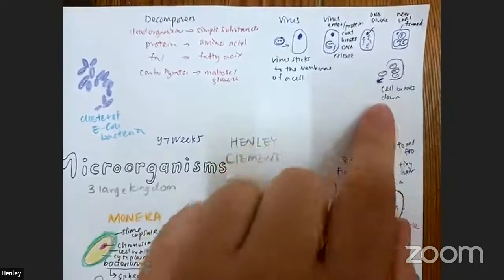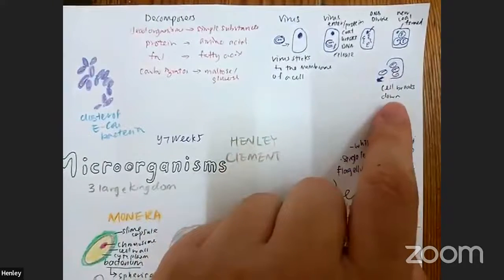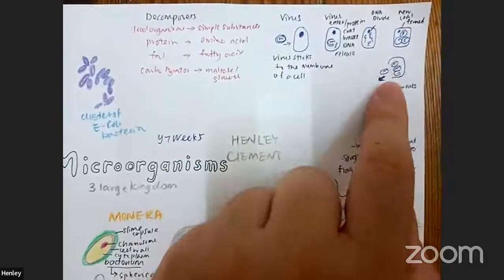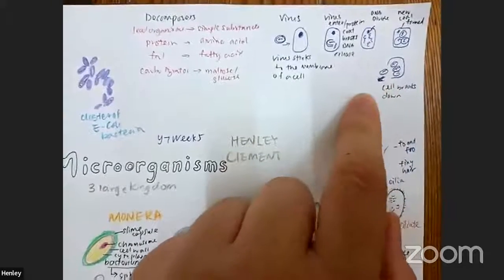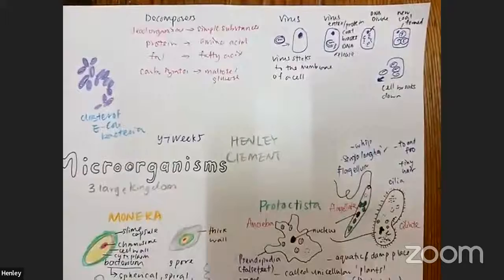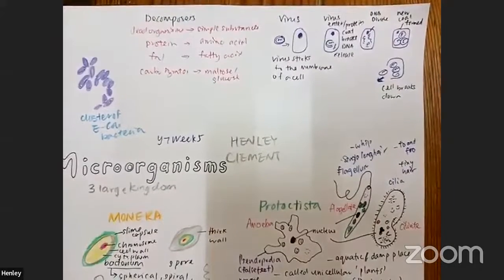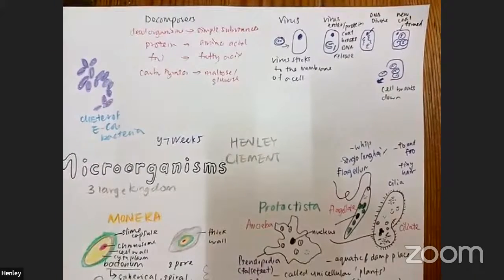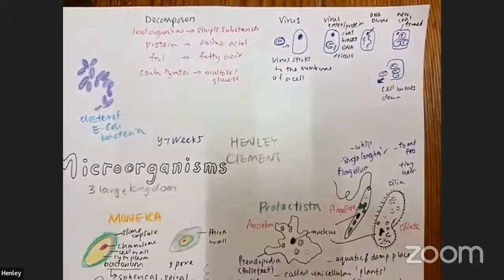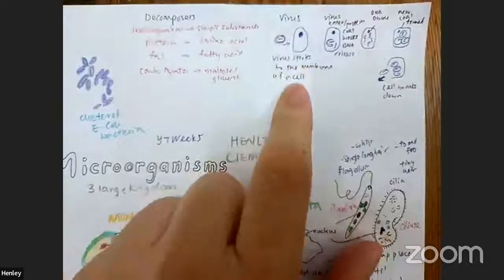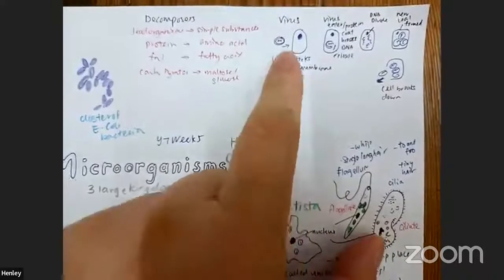When the time reaches, the cell will break down, and then all the new viruses will come out again and spread from one organism to another. So this is the whole process of the virus. Again, the virus sticks to the membrane of the cell and tries to enter it.